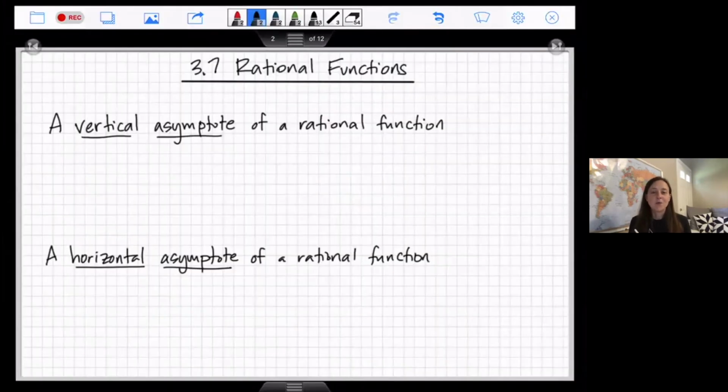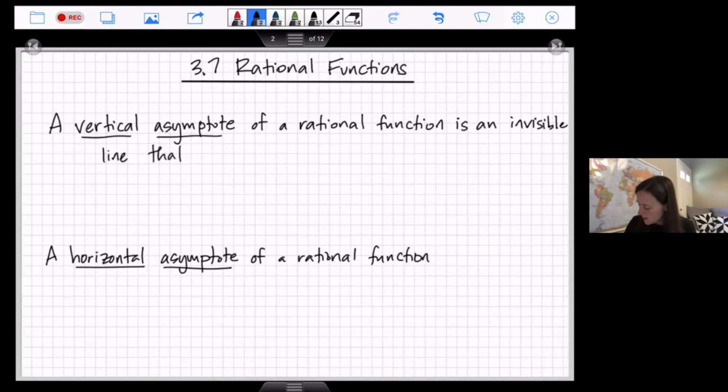All right, so before we do any calculations regarding asymptotes, let's get these definitions written down officially. A vertical asymptote of a rational function is an invisible line, first of all, that the function will not cross.